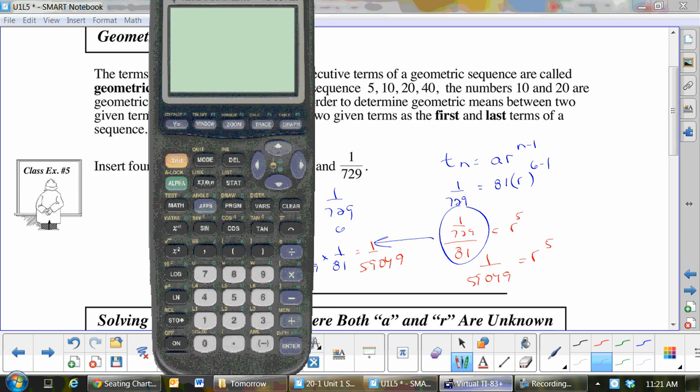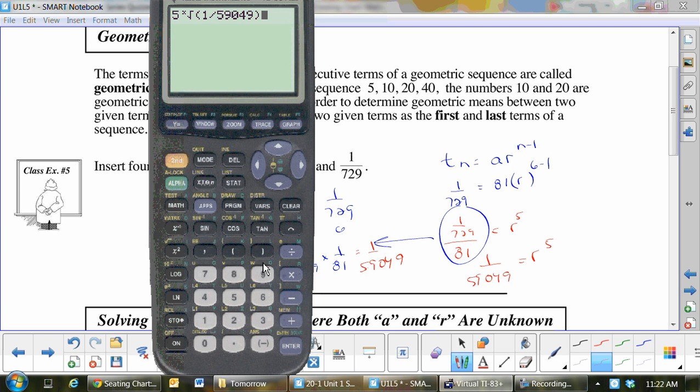I'll show you how. The way you do your 5th root is you get out of here and hit quit, clear, and you hit the number 5. Why? It's the 5th root. Then you hit the math button, and then you go down to number 5. So that is the 5th root of, and open your bracket, 1 divided by 59,049.